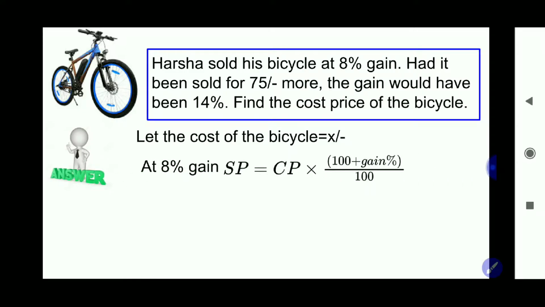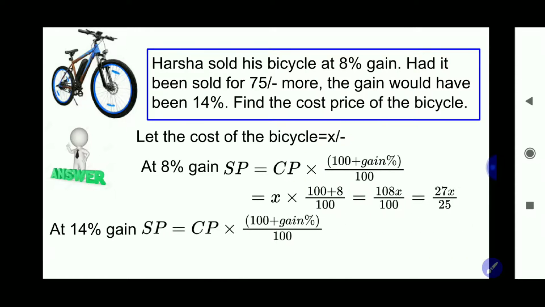At 8% gain, selling price is CP into 100 plus gain percentage by 100. That is X into 100 plus 8 by 100, that means 108X by 100. By simplification, its answer is 27X by 25.